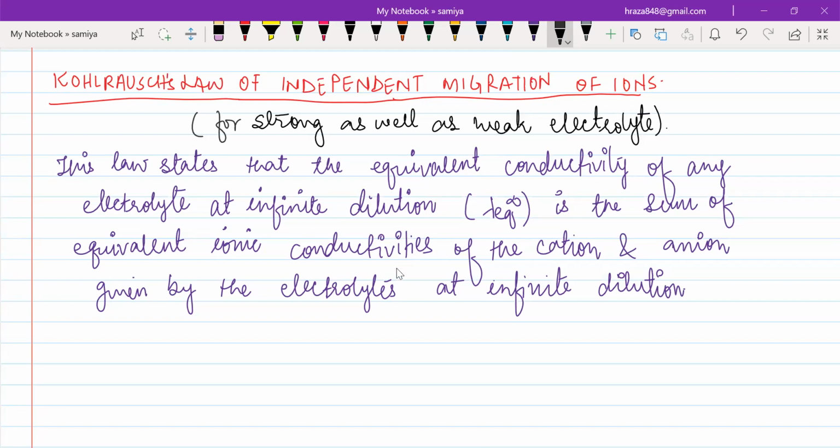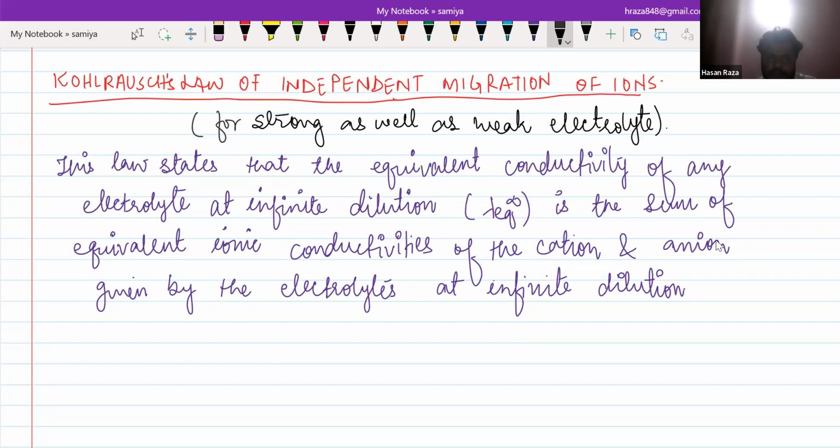Done, sir. So what does it say? The law states that equivalent conductivity at infinite dilution is the sum of equivalent conductivities of the cation and anion. That means lambda infinity of cation plus lambda infinity of anion, C for cation and A for anion.